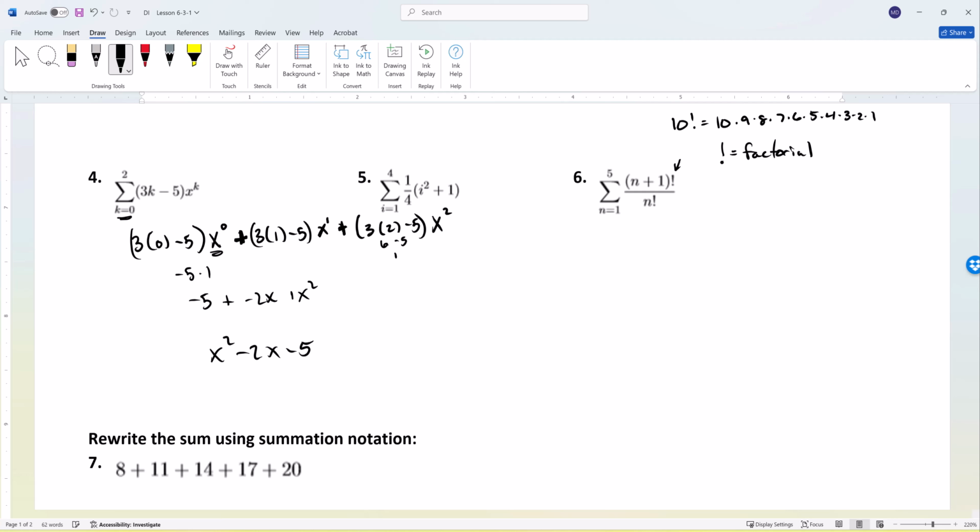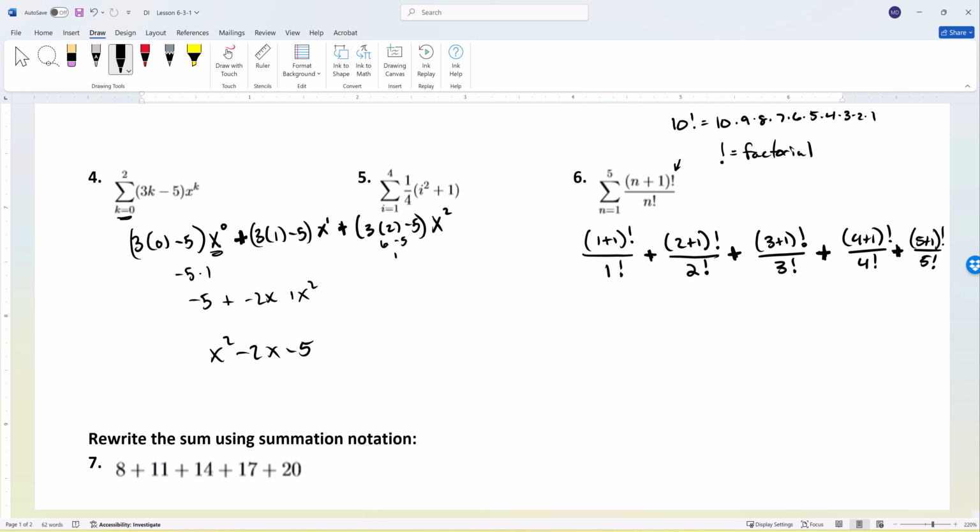So in this instance, if I plugged in 1, I get 1 plus 1 factorial over 1 factorial plus 2 plus 1 factorial over 2 factorial plus, now we're plugging in 3, so 3 plus 1 factorial over 3 factorial plus 4 plus 1 factorial over 4 factorial plus, and then 5 plus 1 factorial over 5 factorial.